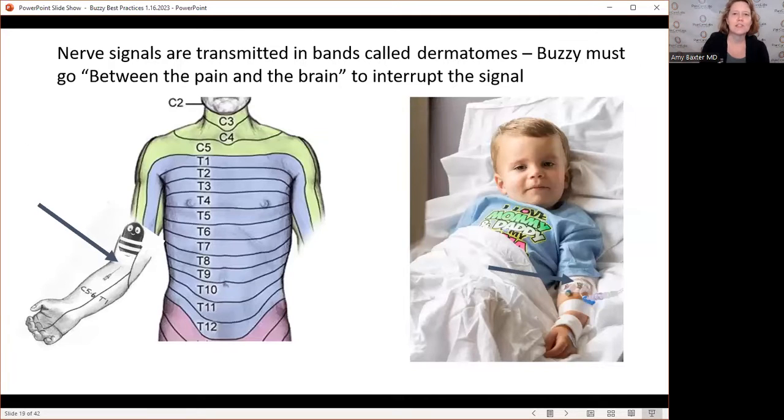All right, so these are what dermatomes look like. The nerve signals are transmitted. If you think about shingles, the reason you get a band of shingles is because it's in a dermatome. So Buzzy's got to go between the brain and the pain, or proximal to wherever the insertion site is, to interrupt the signal.